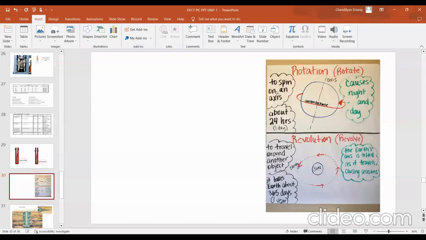Rotation is to spin on its axis, and revolution is to travel around another object. This is a classic definition which we studied in school science or geography, earth sciences, to understand the difference between rotation and revolution. Now we are back to the handout.